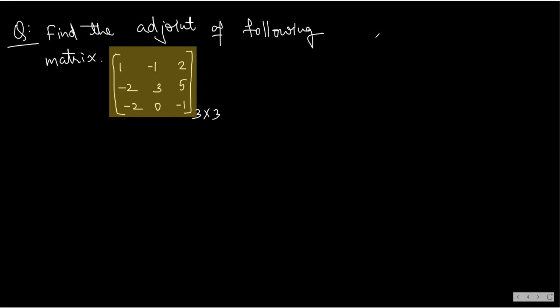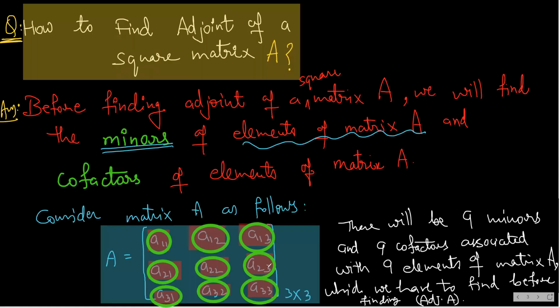Okay. Listen, students, if I have an element, like the first element A11, the minor of A11, I will denote it by M11.